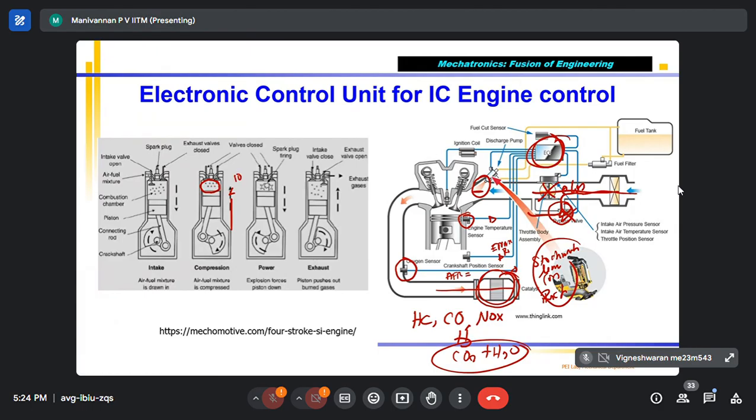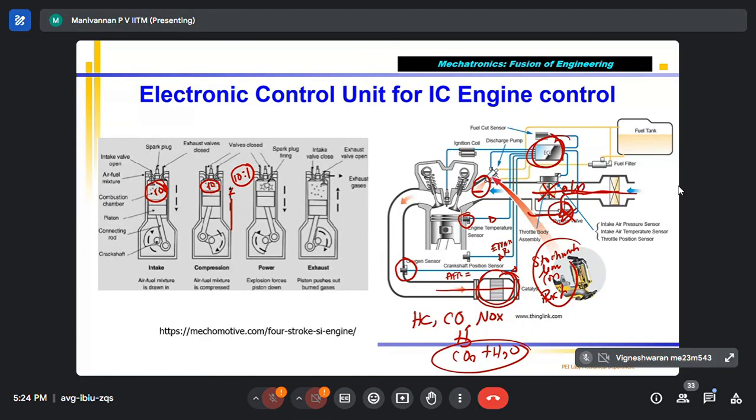I told you if it is a 10:1 compression ratio, 100 cc engine, this volume is 100 cc. At the end of the stroke, it will become 10 cc. The air-fuel mixture will be compressed to 10 cc from 100 cc. That is the compression ratio, and my engine is called 10:1.